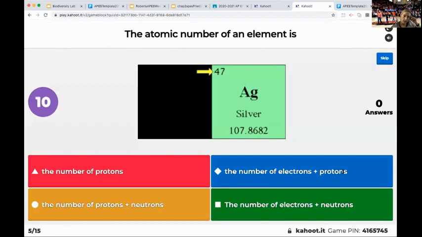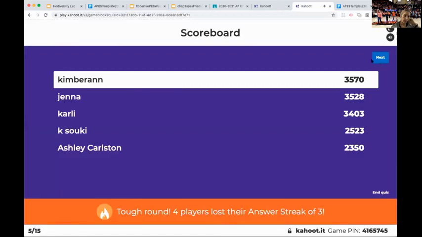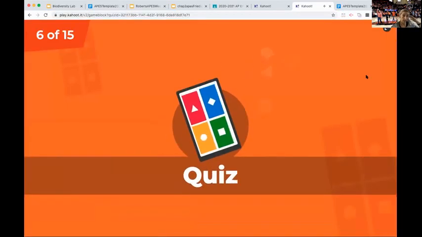Right, remember that you need to know the difference between atomic number and mass number. Yes, and atomic number tells you about what kind of element it is, which matches the protons because they match the electrons.